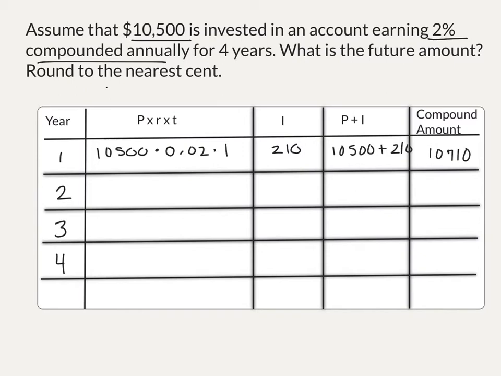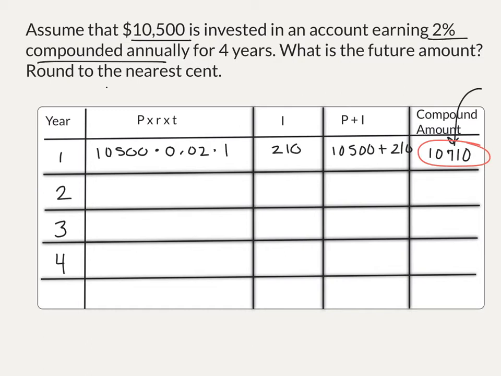So that means that I'm applying the interest for next year on the original principal plus the interest that was earned. So that means that I am applying the interest for year 2 on top of the compound amount that we just found. In other words, the compound amount is going to be my new principal.